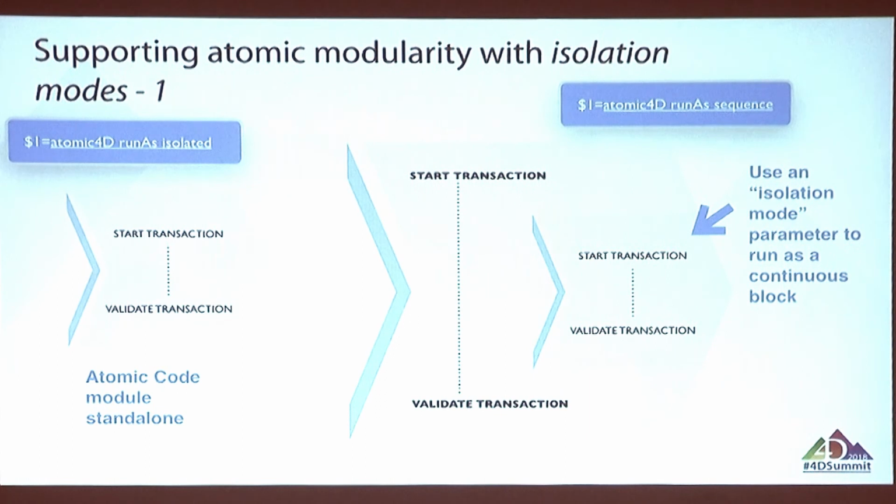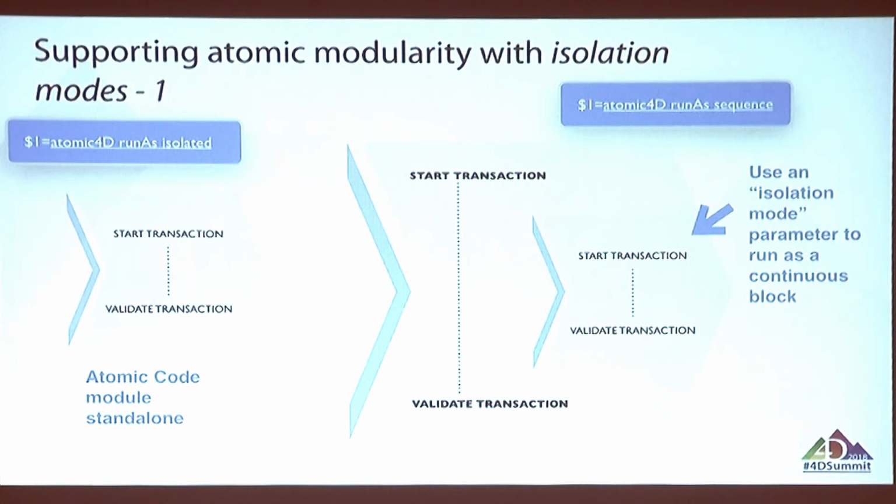So we can either just not think about it because 4D now supports nested transactions, which is fantastic, or you can write your method with an isolation parameter that tells the method, it's okay, somebody upstairs already started a transaction, don't bother, you don't need to launch your transaction. Or you can make it more isolated where it runs its transaction.